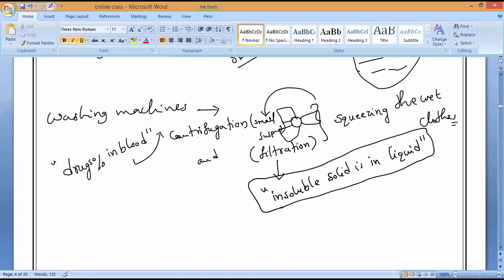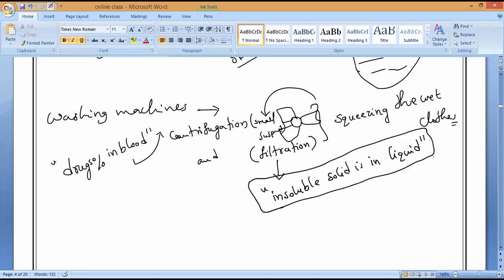In the exam they will ask: what are the separation techniques used to separate an insoluble solid from a liquid? Filtration and centrifugation. Centrifugation is for small particles.